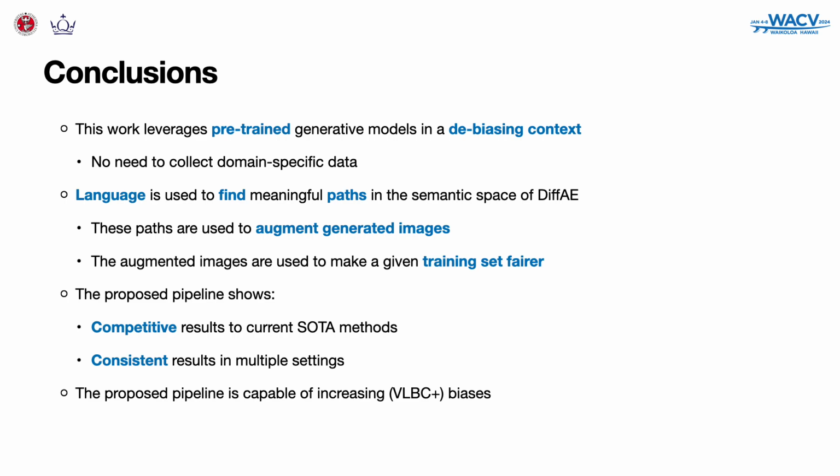The proposed method shows competitive results against state-of-the-art methods and shows consistent performance across multiple tasks, something that current state-of-the-art works lack. Finally, the proposed pipeline can be applied in the opposite direction in order to increase the bias. This is done by augmenting toward the majority group.